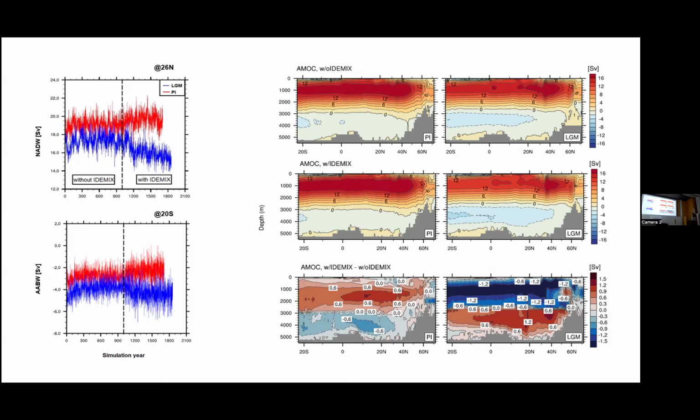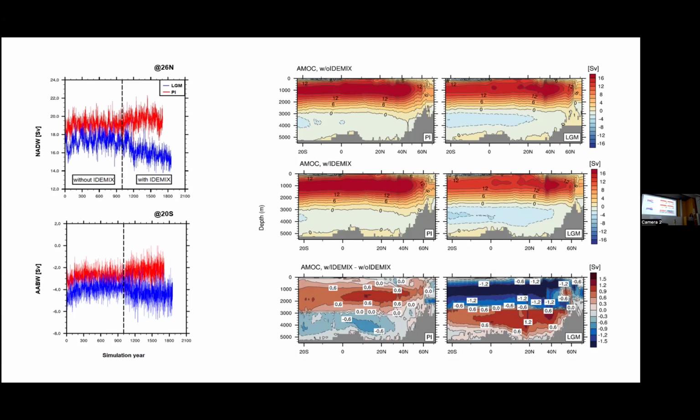We like the result in terms of the LGM, because North Atlantic deep water was already shallower and weaker without IDEMIX. When we add IDEMIX on top of it, it got even stronger in terms of the weakening. So in terms of that, we are happy with the impact of IDEMIX, but why it decreased more with the stronger tidal forcing?